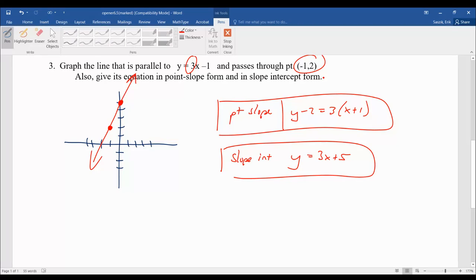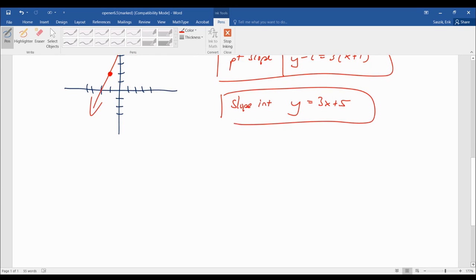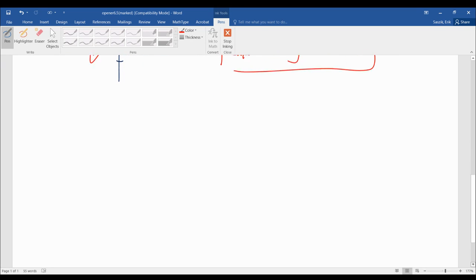There I'm using this point. y minus 2. These are both equations of the same line. It's just a different format. Remember, how do you verify that this is correct here? If I took this 2 and plugged it in here, I'd get 0. If I took -1 and plugged it in here, I would get 0. The bottom line, folks, is parallel lines have the same slope.